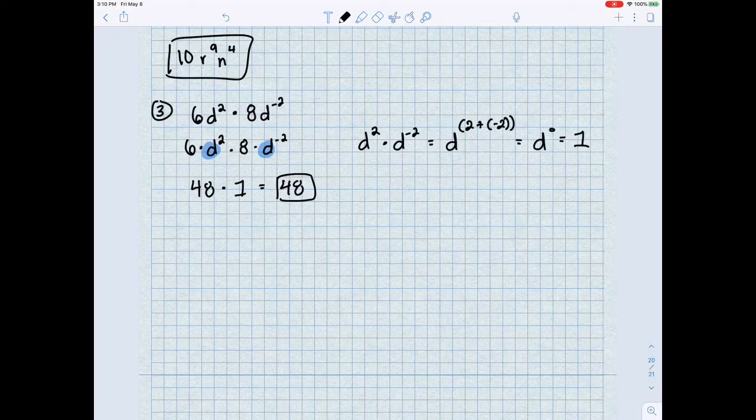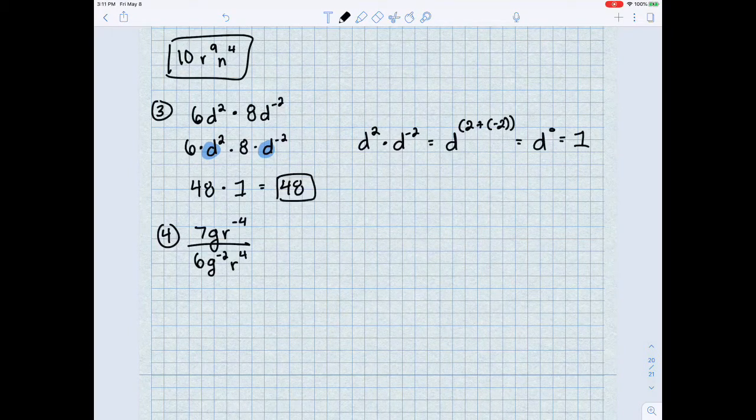So, let's take a look. 7gr to the negative fourth power. So remember, r is raised to the negative fourth power, not gr. There's no parentheses around that. All right, and then we have 6g to the negative second power, and then r to the fourth power.